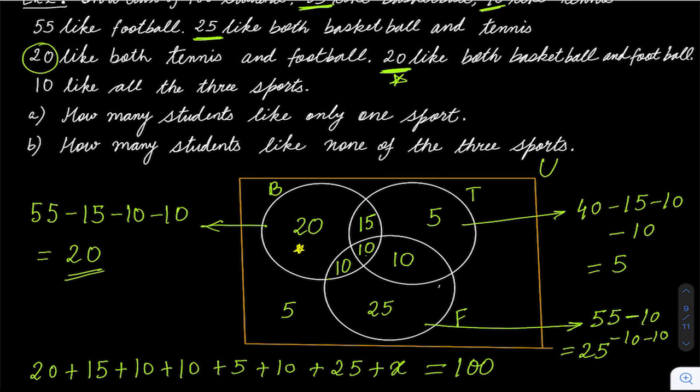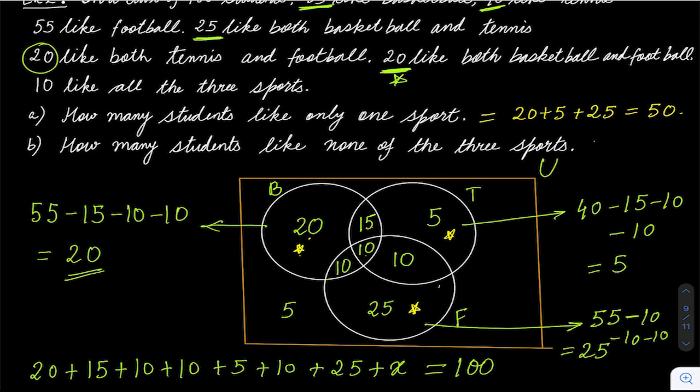So this part, 20, 5 and 25, these are the regions. 20 students like only basketball, 5 students like only tennis, 25 students like only football. So the total is 20 plus 5 plus 25, which is 50. That is our answer.